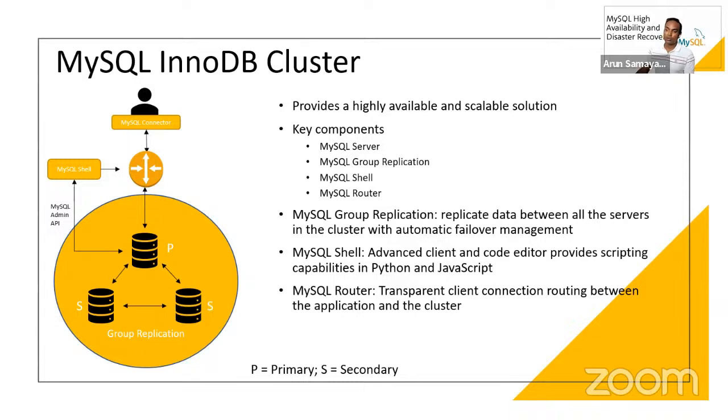Meaning, as soon as the primary goes down, the secondary automatically assumes the primary role. That's the function of the group replication itself. And what the router does is that all the connections that are still coming in from the application side, it would automatically reroute to the secondary, without us as a client or an application team having to make any changes. Okay.